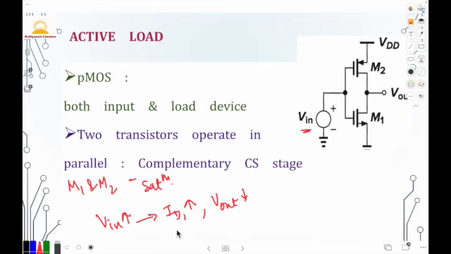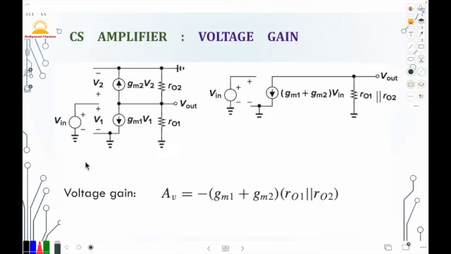At the same time, M2 injects less current, that means ID2 decreases into the output node, and it supports this action of dropping V out. So V out gets lowered even more. In this way, both M1 and M2 support each other, leading to a greater voltage gain without compromising the output voltage swing.